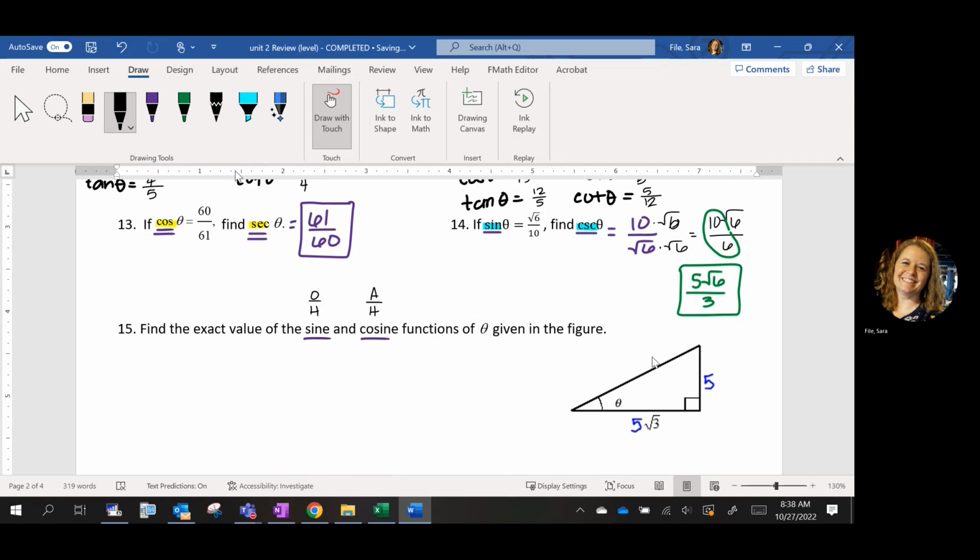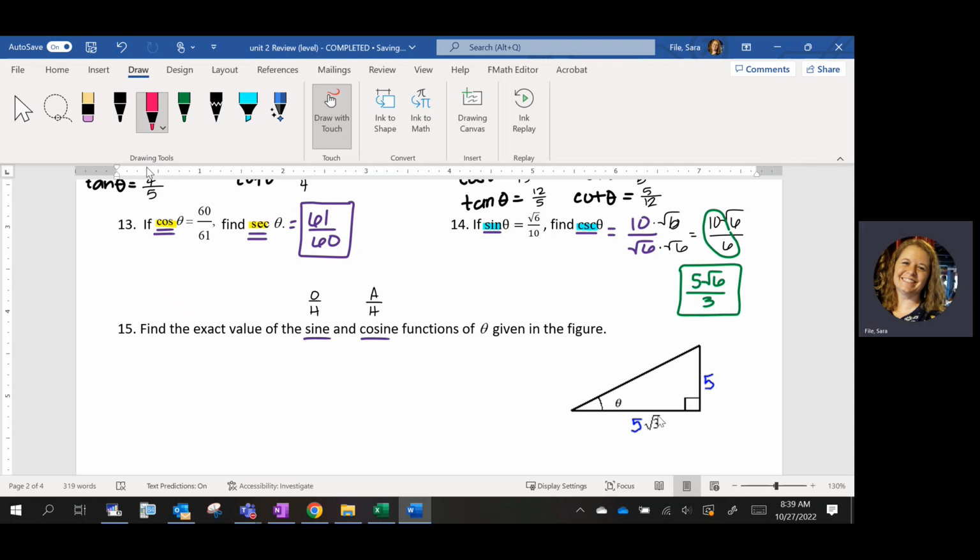Now, if you are familiar with your special right triangles, your 30, 60, 90 ratios, you may notice something here. If you notice the relationship between these side lengths, this leg looks shorter, and then this leg is 5 times square root of 3.